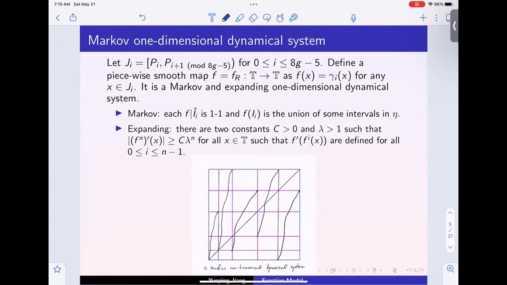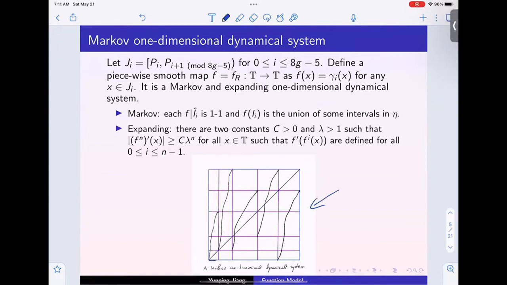Because remember, our map is defined piecewise differentiable, right? So on endpoints, they may not be differentiable. So you have to make sure the derivative exists for every orbit, right? Here's a graph which shows what a Markov map looks like.